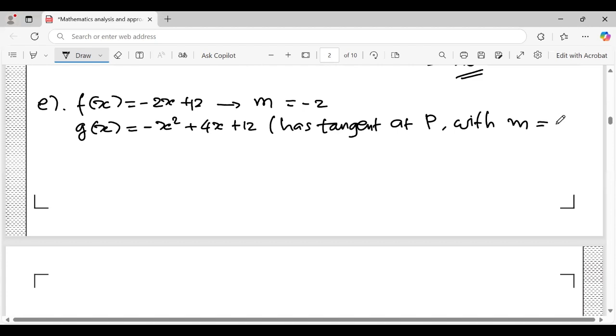So the gradient is minus 2. It must be minus 2 because parallel: if parallel, the first gradient is the same as the second gradient.